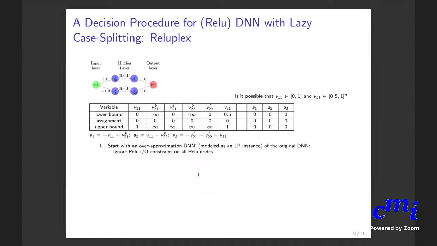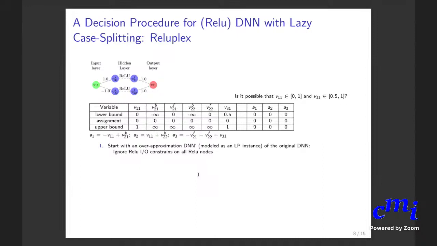I cannot express max because that requires disjunction. But I know that max of 0 and V of B, where V of B can be anything from minus infinity to plus infinity, is always going to be non-negative, so I only keep that, because non-negativity can be expressed as a linear inequality. Therefore, the idea is to try and solve this. So now this can be solved as an LP.